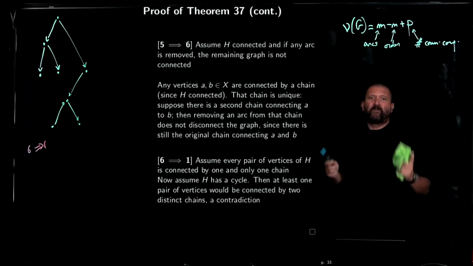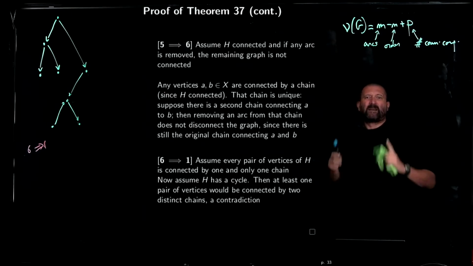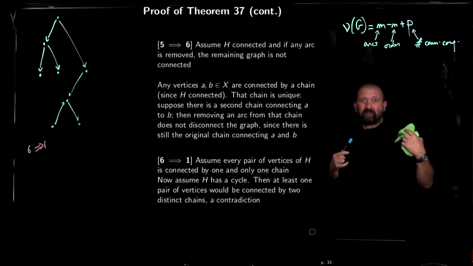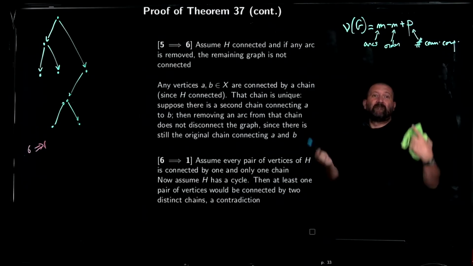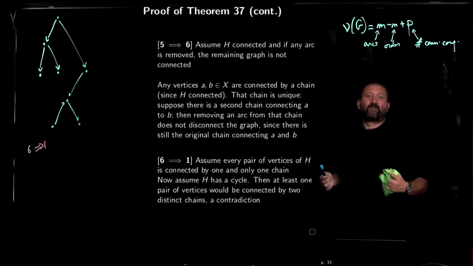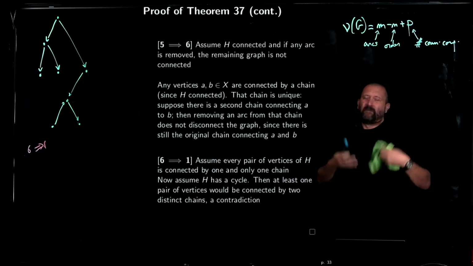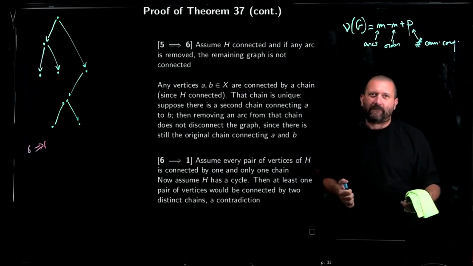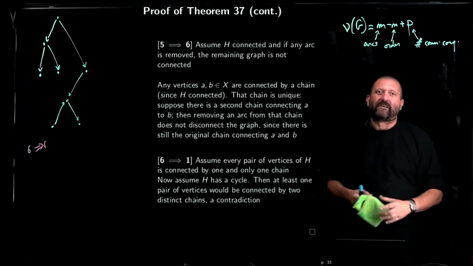So assume that every pair of vertices is connected by one and only one chain. Now assume that you have a cycle. Then there's at least two vertices that are connected by two distinct chains. And that's a contradiction with the fact that each pair of vertices is linked by one and only one chain.